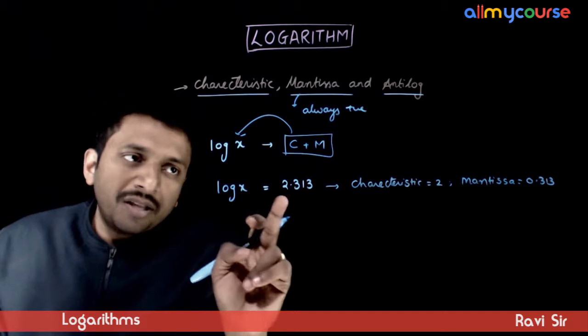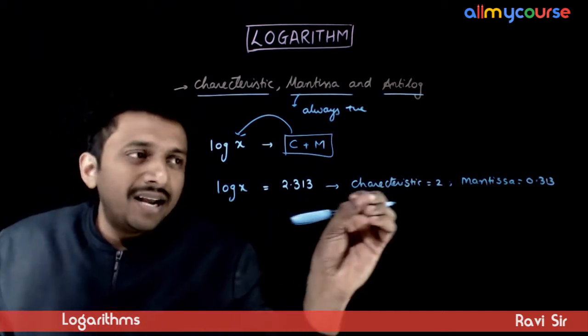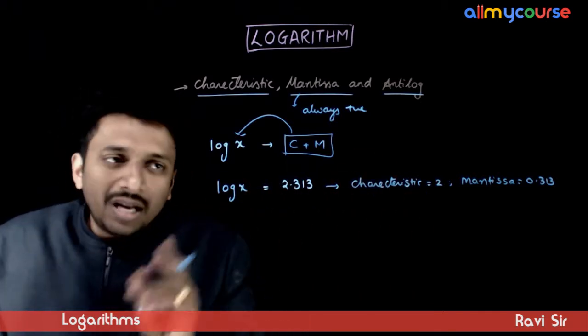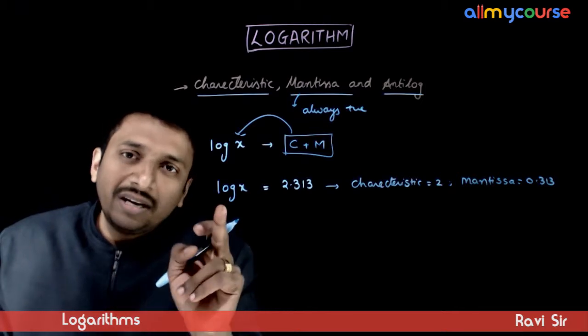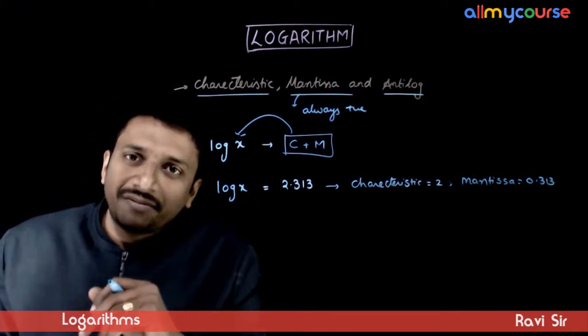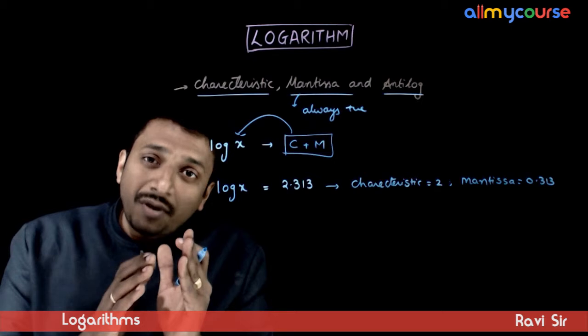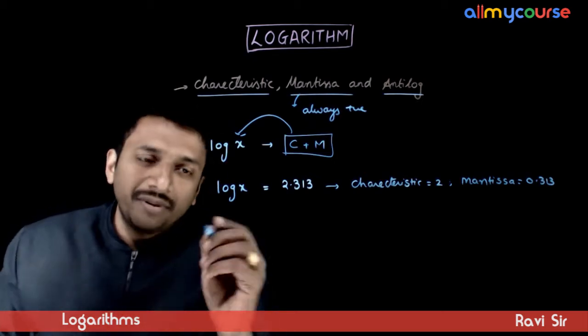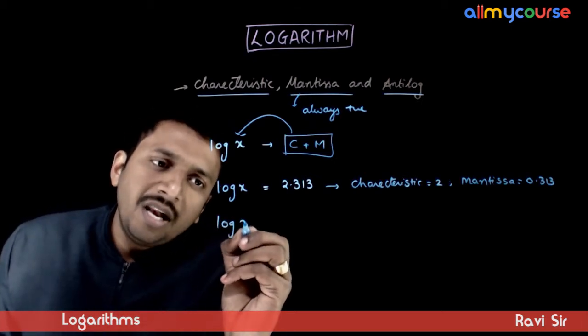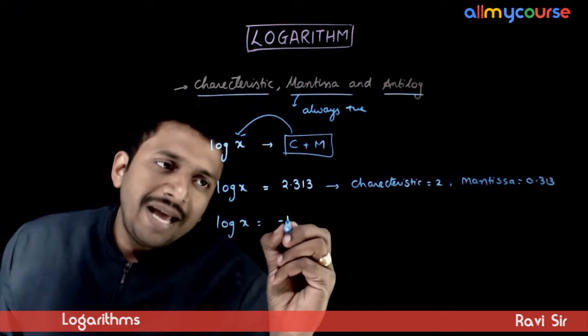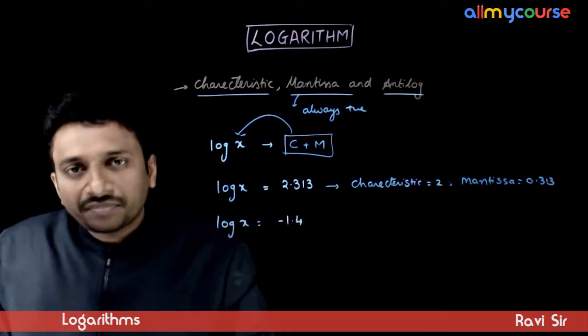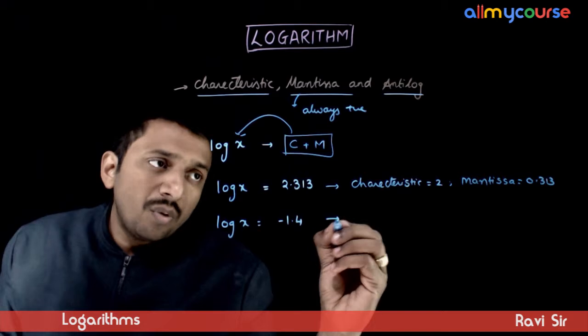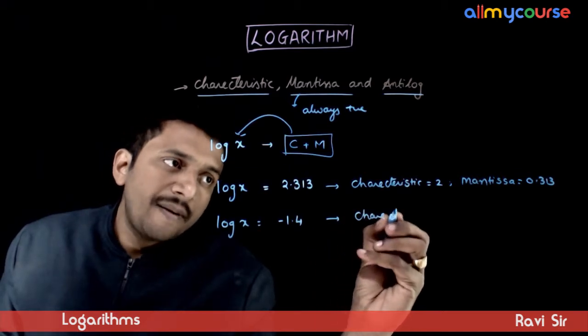If the value of the logarithm is positive, the understanding is quite simple. So now let us go to a special case where the value of the logarithm is negative. We have seen that the values of logarithms can be positive or negative. So let us say that log x is equal to minus 1.4. What is the characteristic of it?